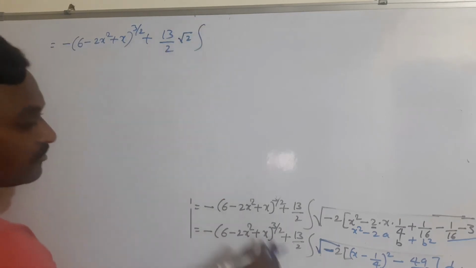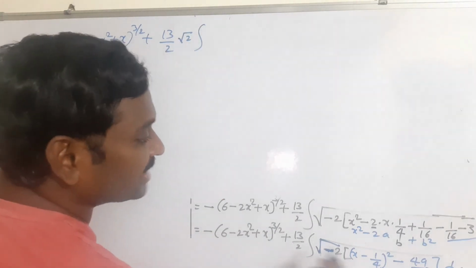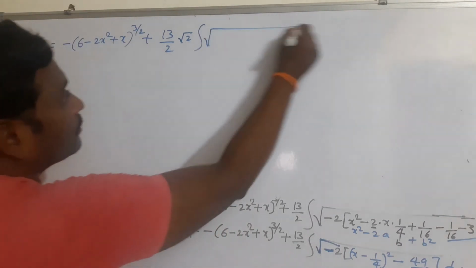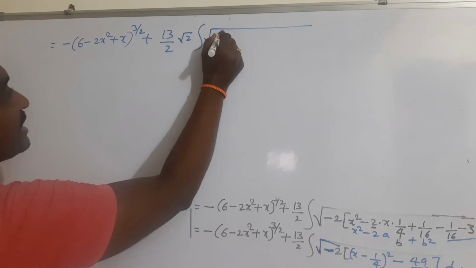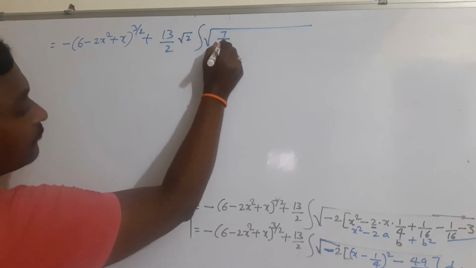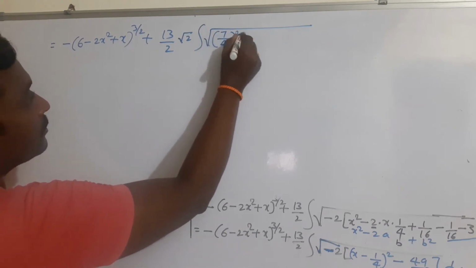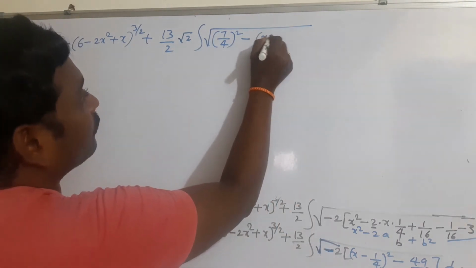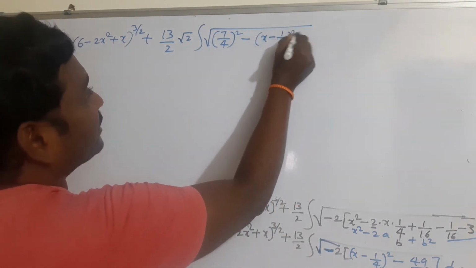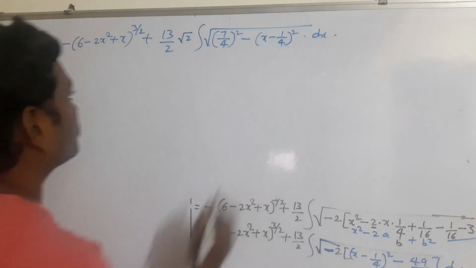So integration of, by taking negative sign inside, you will get root over, first you will get 49 by 16. 49 by 16 can be written as directly (7 by 4) whole square minus of (x minus 1 by 4) whole square into dx. Okay.